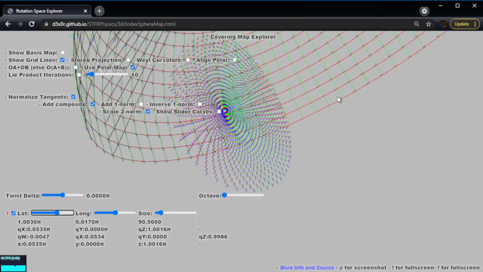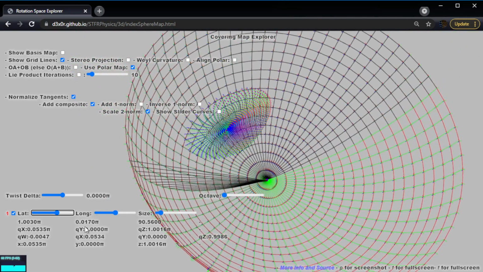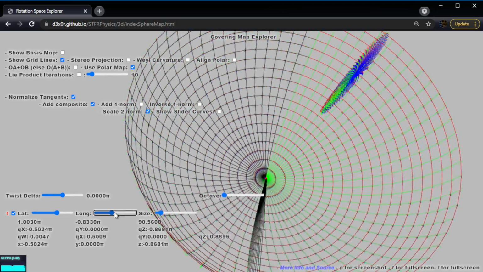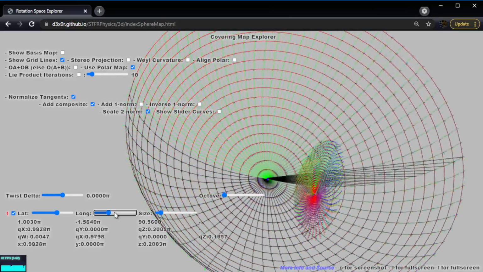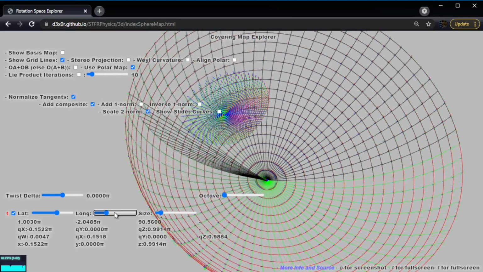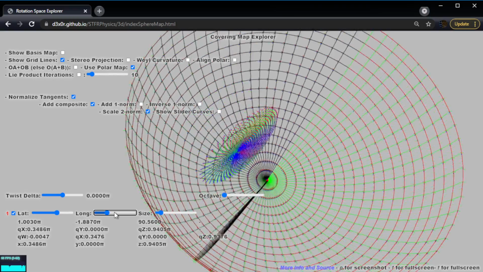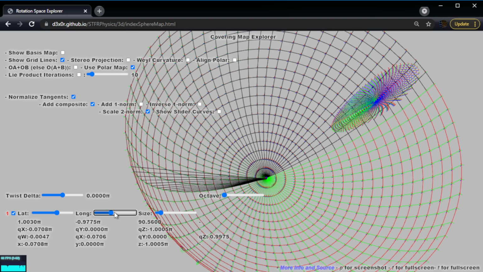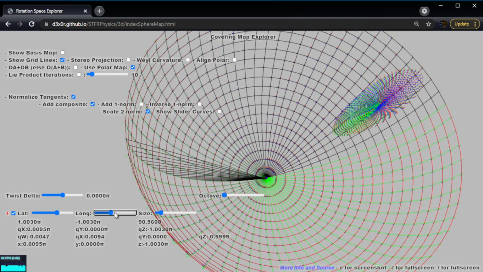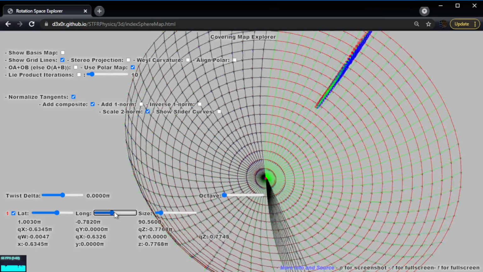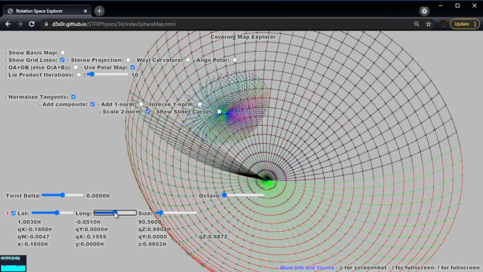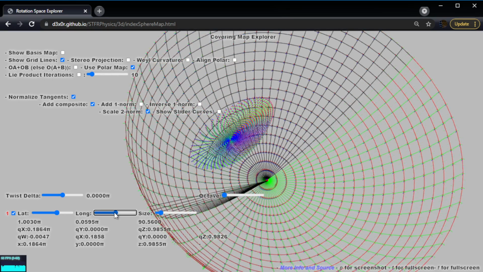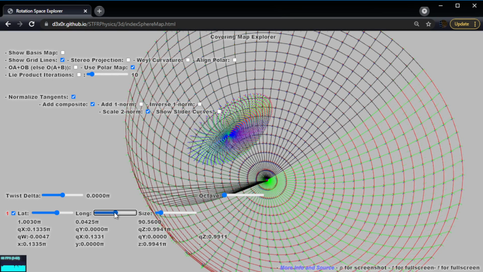And then when you apply rotation to this, or longitude, it rotates that plane around the axis. But if you notice, the cover rotates faster than the plane moves. So that's one full rotation. All of these orientations on this side are the same as the orientations on this side. You couldn't tell looking at the basis vector whether it was one or the other.